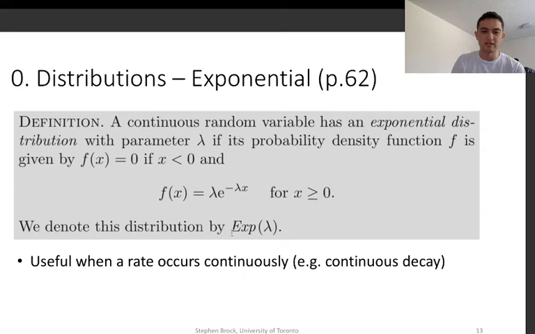We denote this distribution by exp lambda. And this is useful when we're considering a rate that occurs continuously. So for continuously decaying objects or properties, you would want to use an exponential distribution.